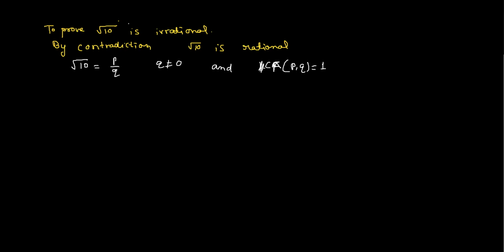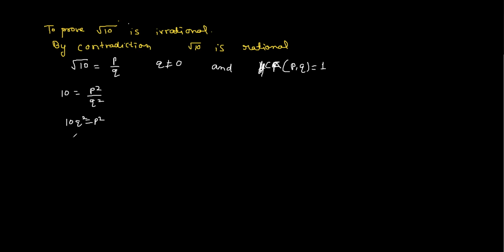Okay. So square on both sides. Right? 10Q square becomes P square. Right? 10. Okay.